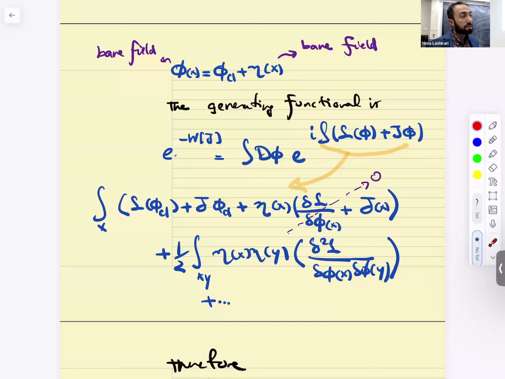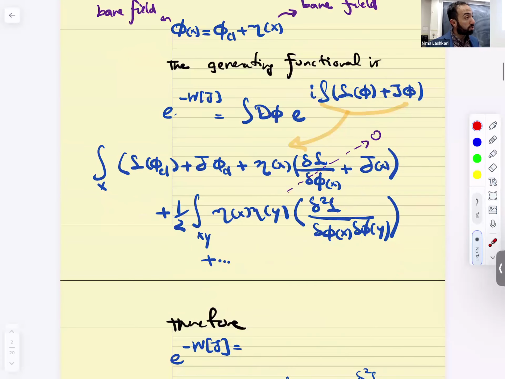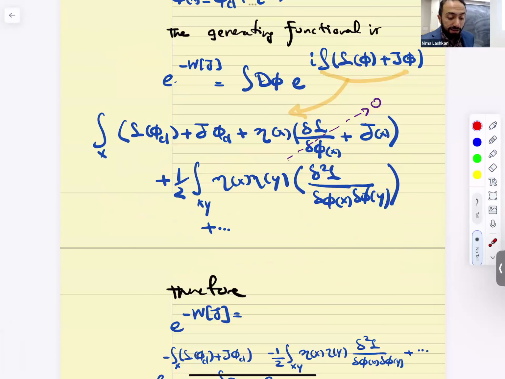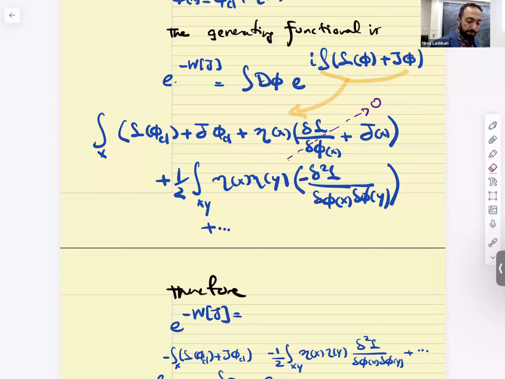This vanishes, by the equations of motion, right? Next order, we're going to have eta x, eta y. The second derivative, I think there's a sign here. All these equations are correct up to minus signs. It's half the integral over x, y of eta x, eta y, the second derivative. I probably want to put a minus here and a minus here, right? And so on and so forth.